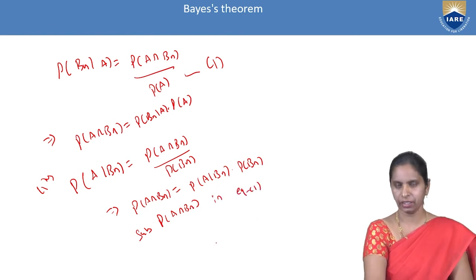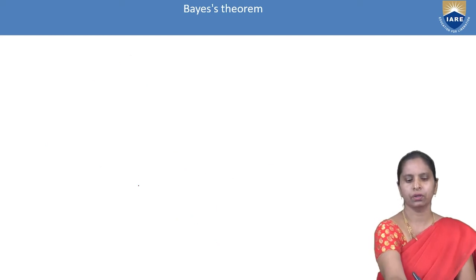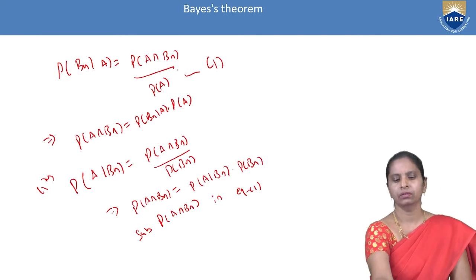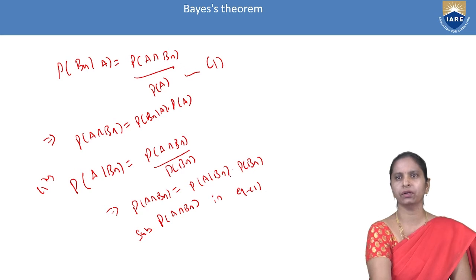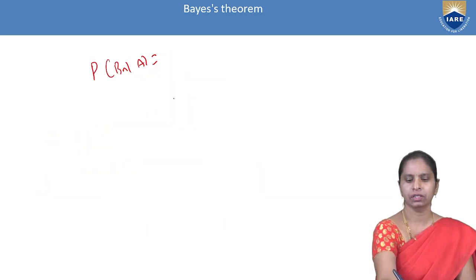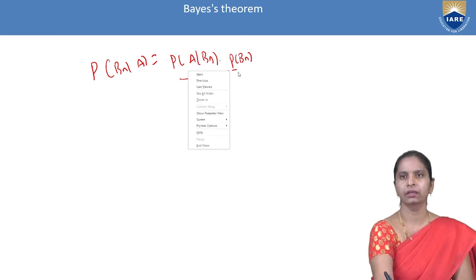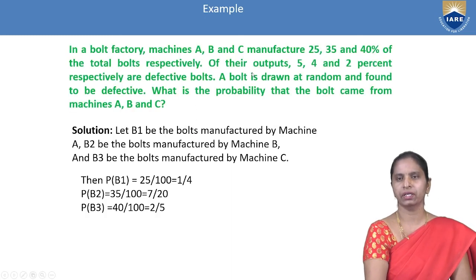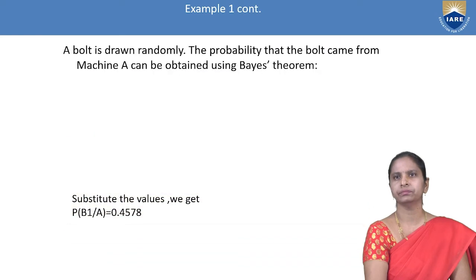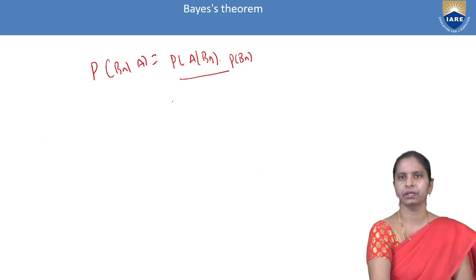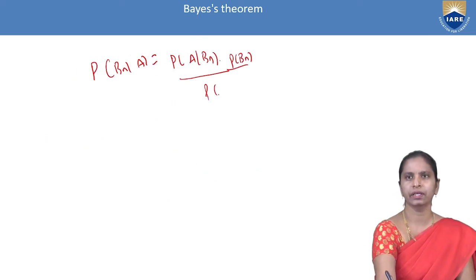So P of Bn given A is equal to P of A intersection Bn, and I have to replace P of A intersection Bn by P of A given Bn into P of Bn, divided by P of A. So substitute P of A here.